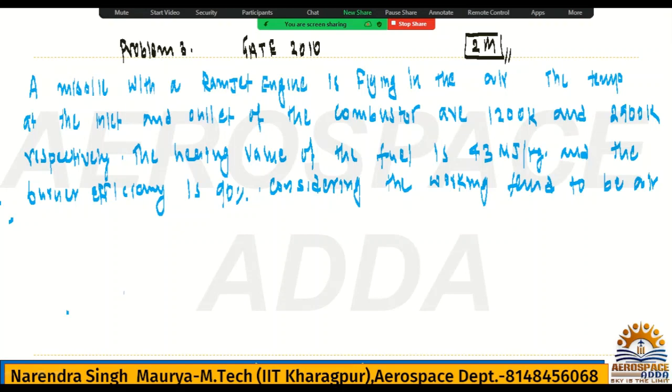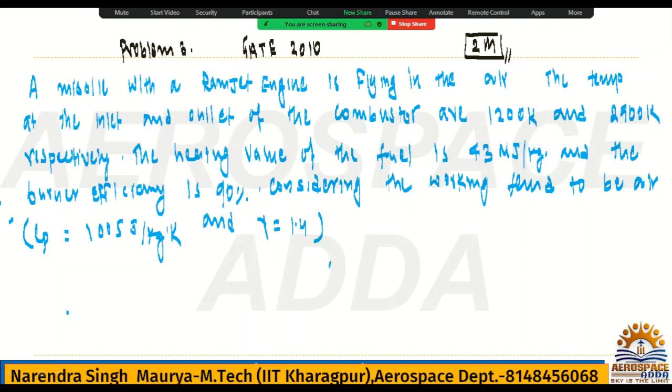They have given here Cp 1005 joule per kg Kelvin and gamma 1.4.